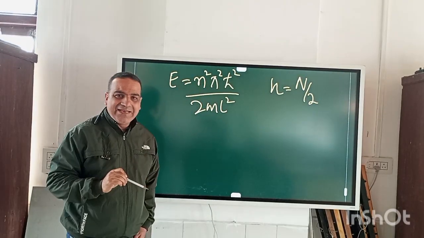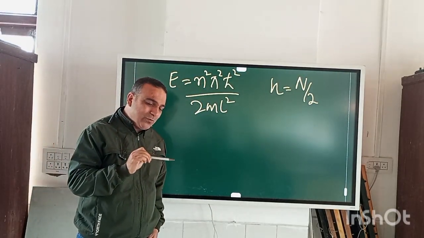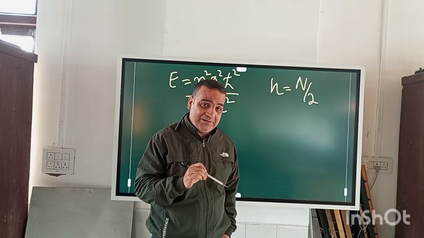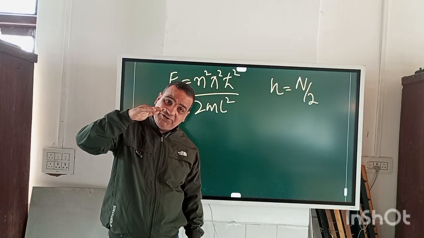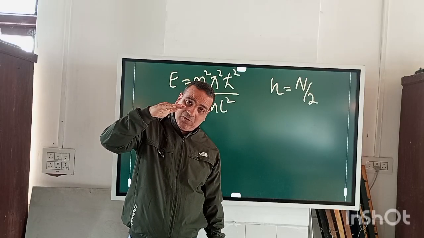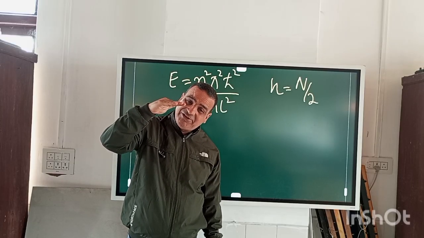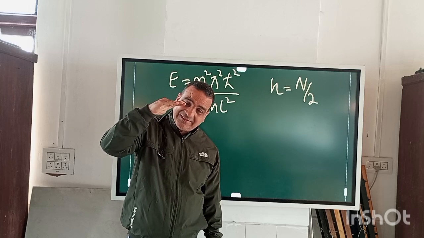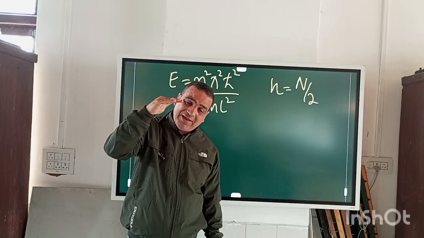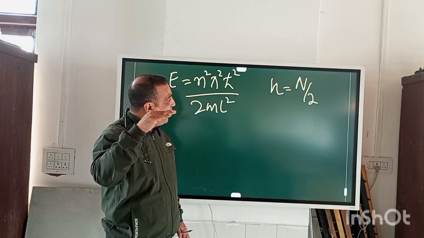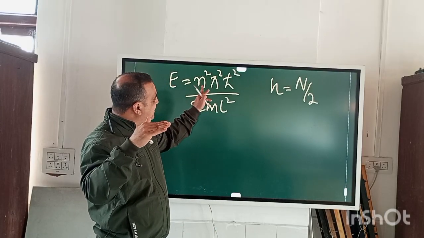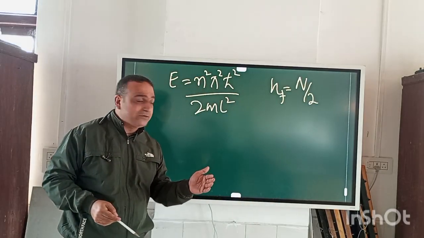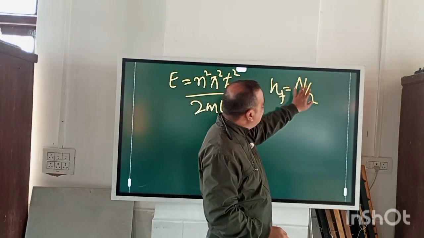Now this n is valid up to what is called the Fermi level. It is the level that is achieved by these electrons at absolute zero, the highest level at the top, called the Fermi level. And if I choose this as F, then this nF, because we are talking about absolute zero, will be equal to N divided by 2.